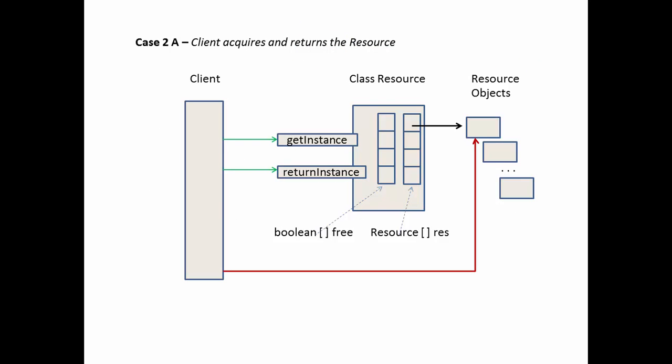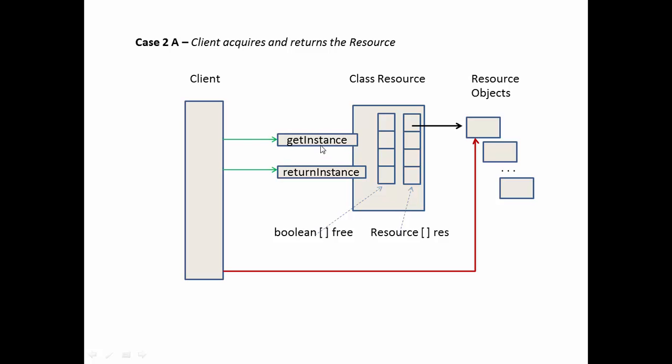So let's look at the picture. Obviously, here we have a client, and here is our class resource. This group represents objects of the class resource. When you look at this, it is very similar to our discussion about the interning pattern. So here is our get instance function.